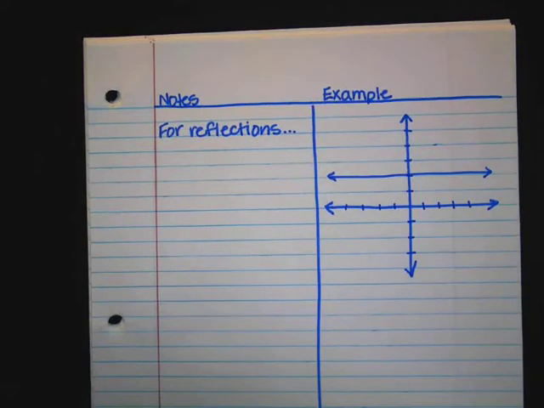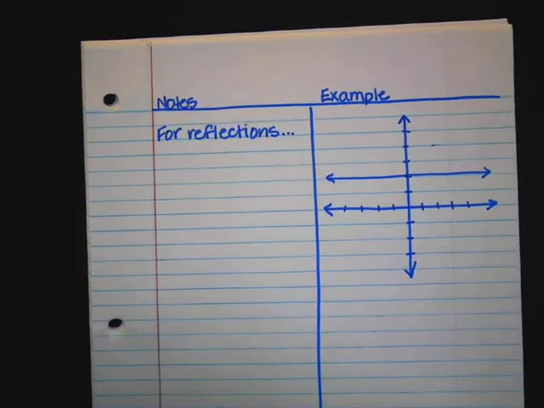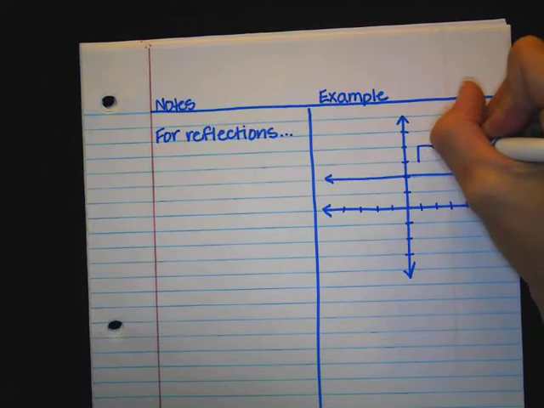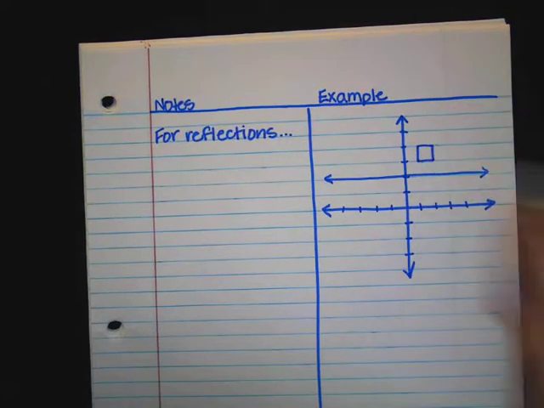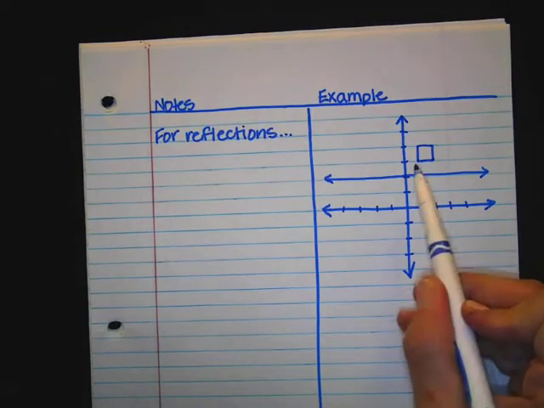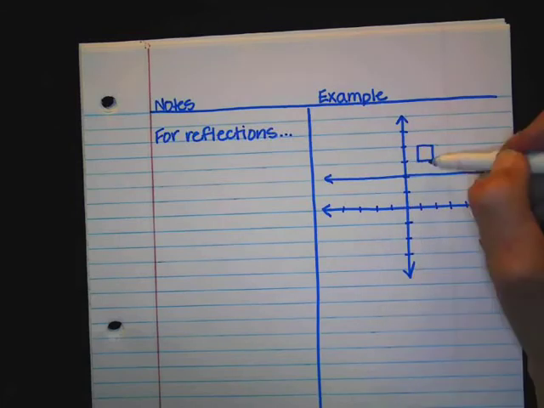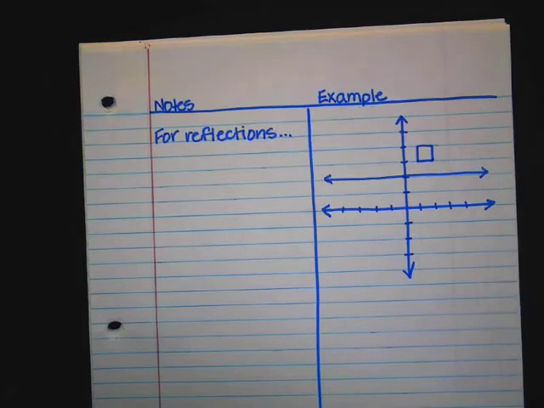So maybe we need a shape so we can see what happens. Let's put something easy. How about a square? Just a little square. Notice how I matched it to the hatch marks. I made it only 1 unit away from the y-axis, and then I only put it 1 unit away from my mirror.